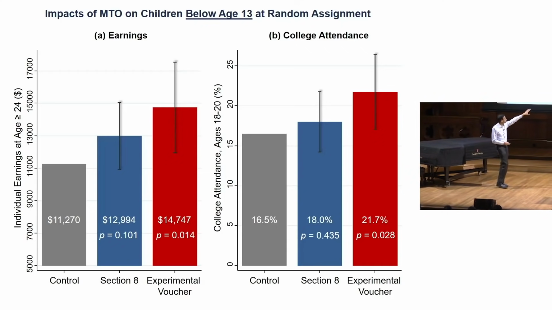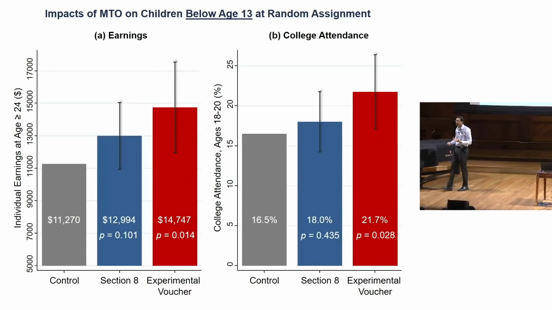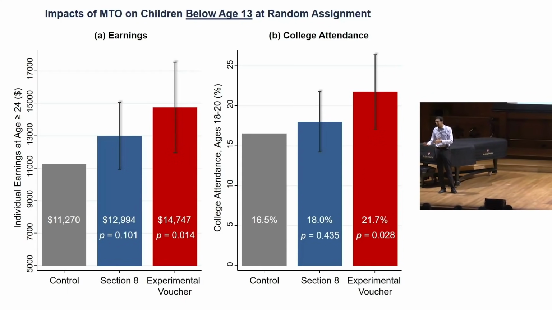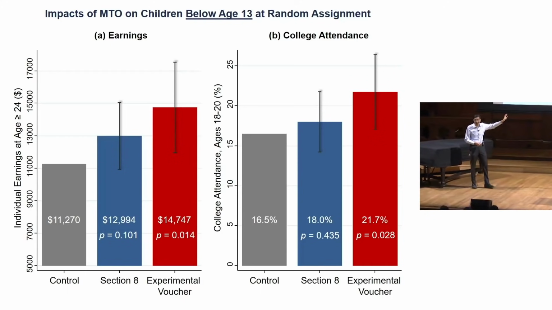So this p-value of 0.01 that you see here means that there's about a 1% chance that this was just due to random noise, and 99% chance in some sense that it's actually a real effect. Okay, so we're fairly confident based on this experimental analysis that there is a real gain from being assigned the experimental voucher, moving to opportunity, relative to staying in the control areas.